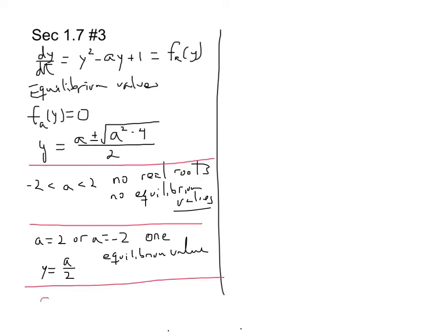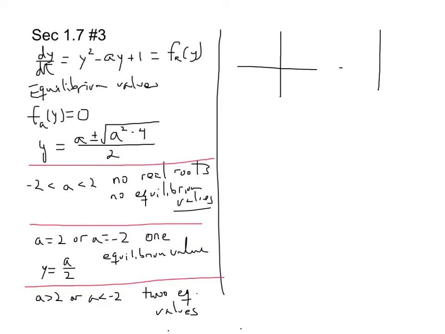If a is bigger than 2 or a is less than minus 2, there will be 2 equilibrium values. And we'll take a look at these two graphs.